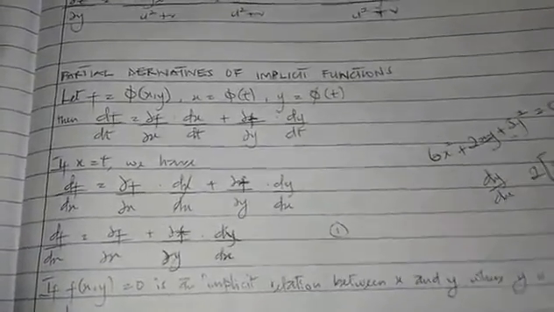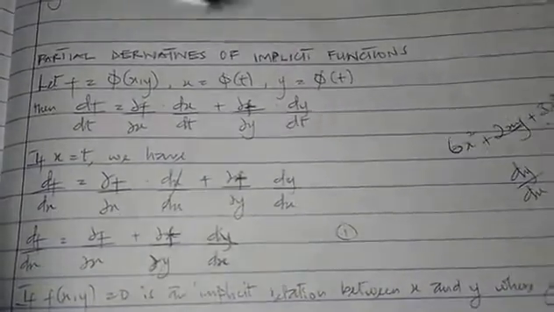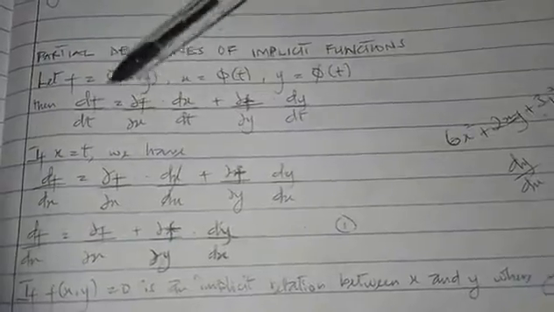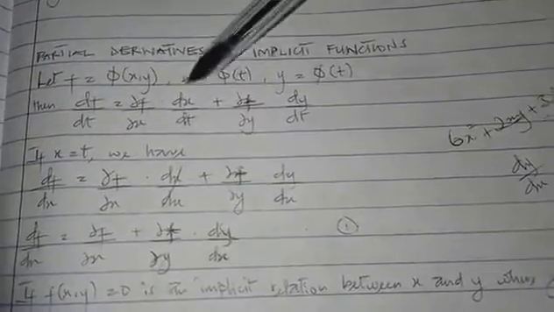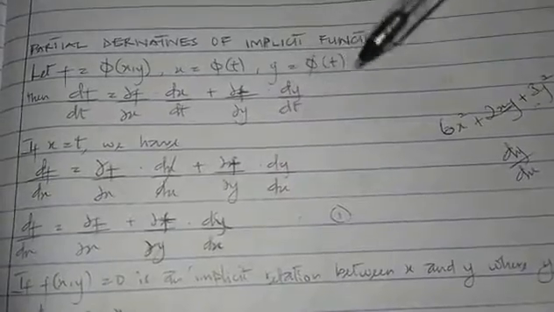So now we say let f be a function of x comma y, where x is a function of t and y is a function of t. You remember. Now df over dt is equal to partial f over partial x times dx over dt plus partial f over partial y times dy over dt.